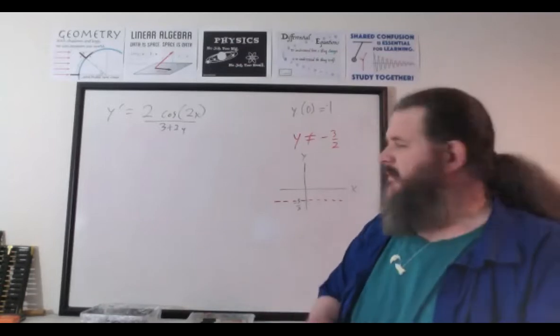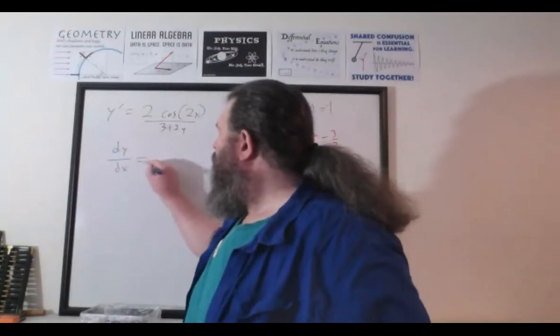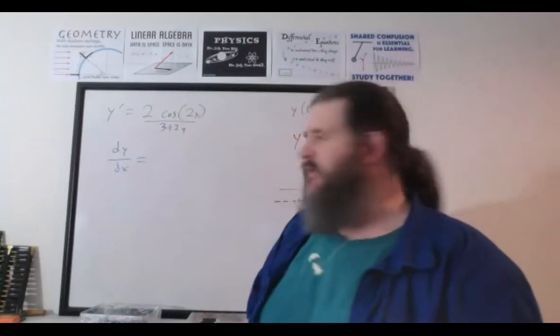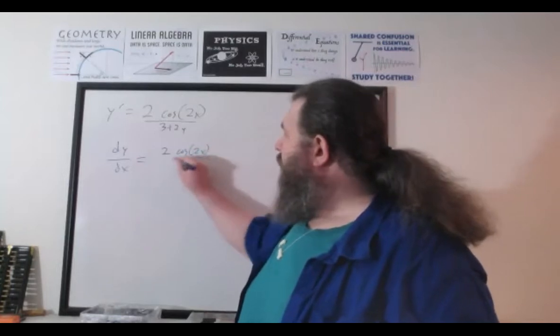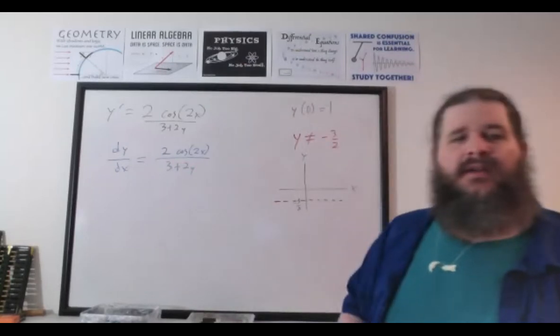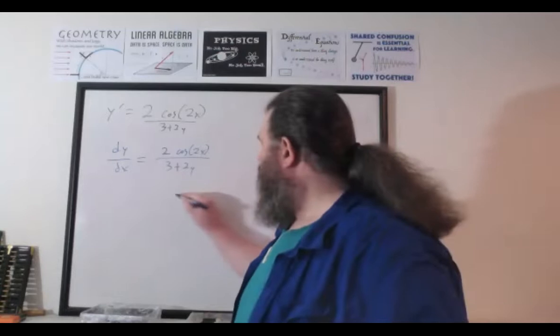Yeah, separation of variables, because if we write this as dy dx, this is just a function of x and a function of y combined with multiplication or division. In general, anytime you've got a function of just x and a function of just y combined with multiplication or division, that works really well with separation of variables. We can just multiply both sides by dx.